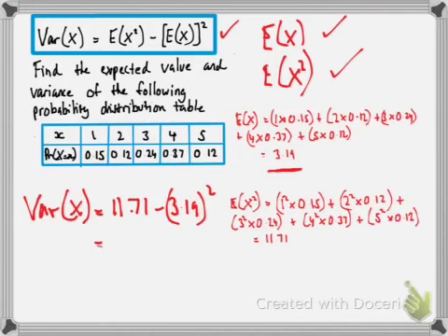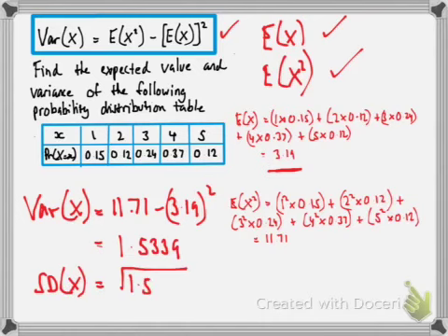So Var(X) is going to be 1.5339, to 4 decimal places. Now, we haven't done standard deviation yet, but I just want to point out at this stage that the standard deviation equals the square root of the variance. So if we calculate that, we'd also get the standard deviation.